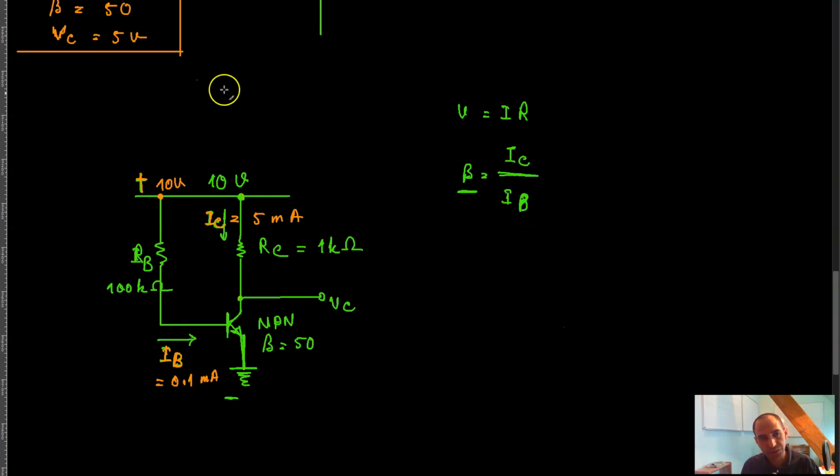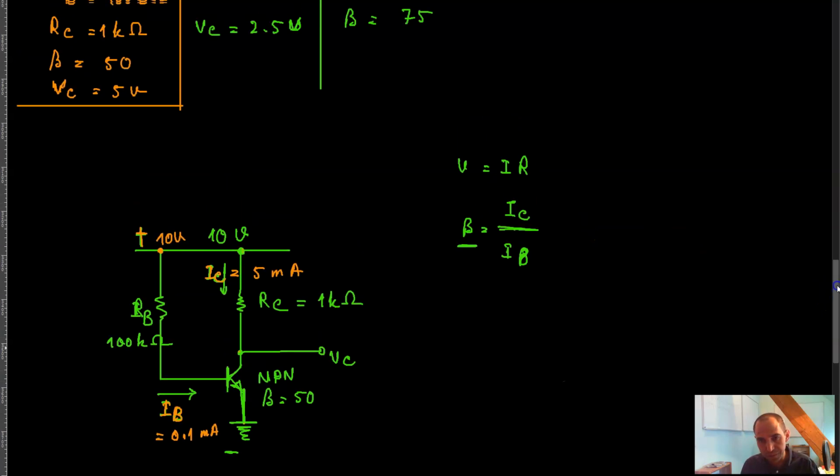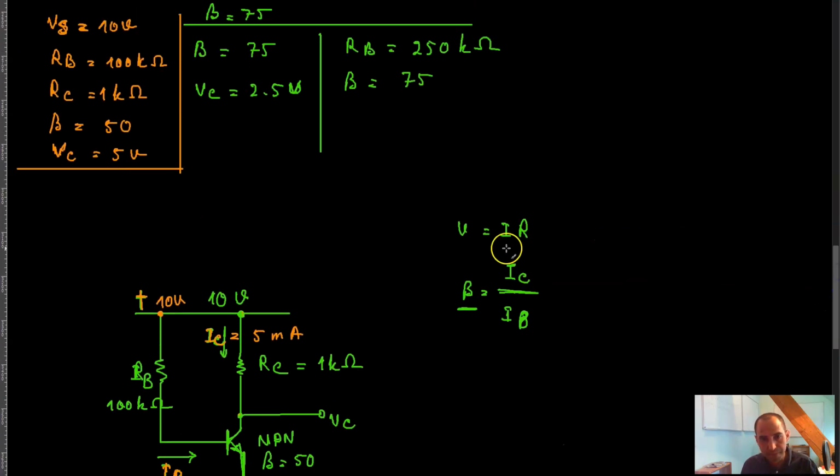So now here I of B is being decreased because I'm using a higher value for this resistor. Higher value of resistance means lower value of current, and so I of B is being decreased, so I of C has to decrease as well.